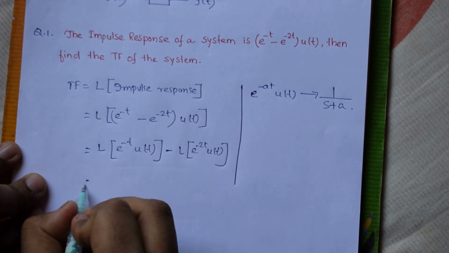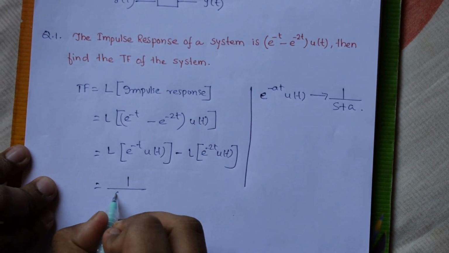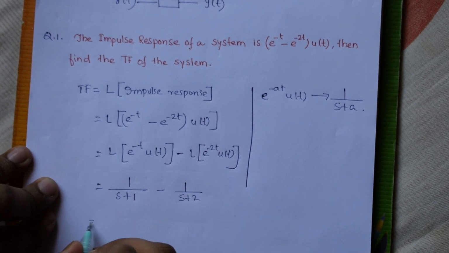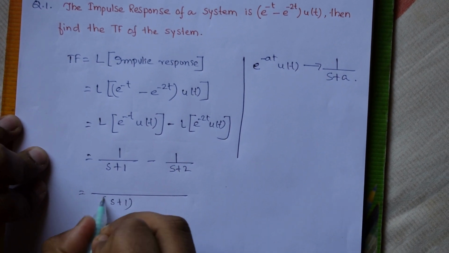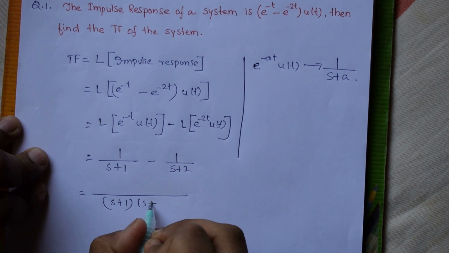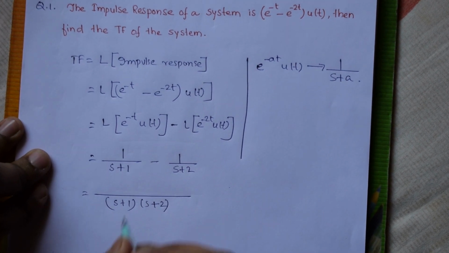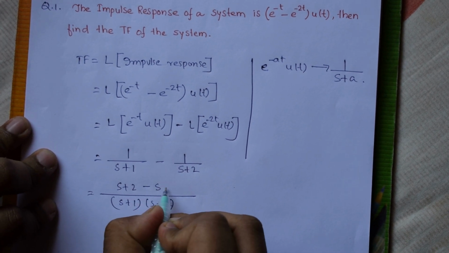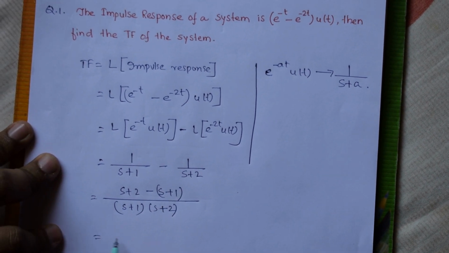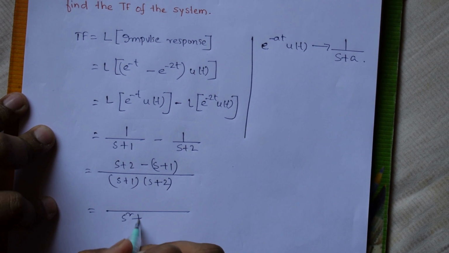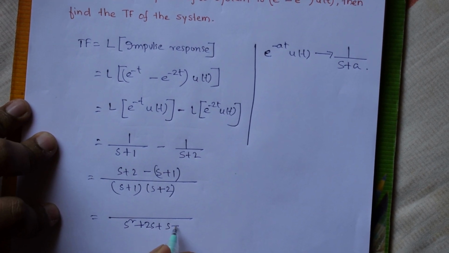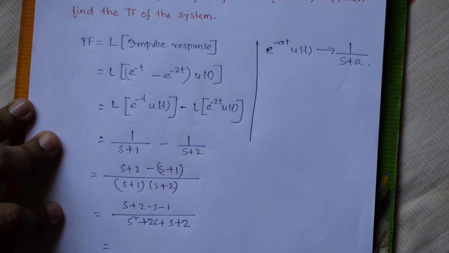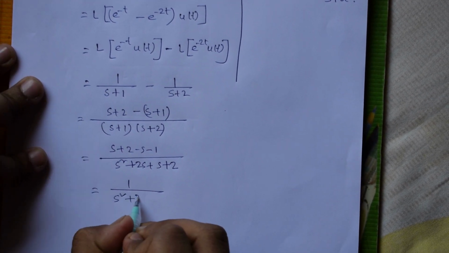If we use this formula, we will get 1 by s plus 1 minus 1 by s plus 2. If we combine these two terms, this is our required transfer function.